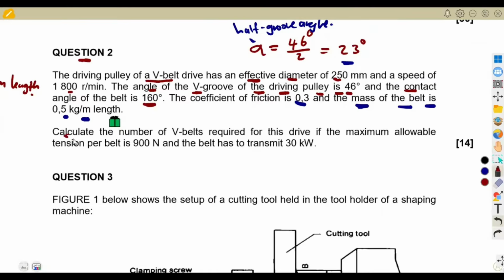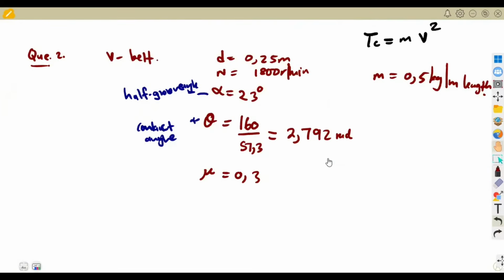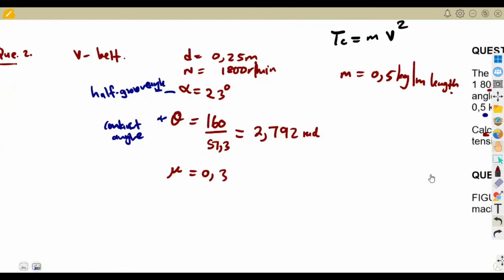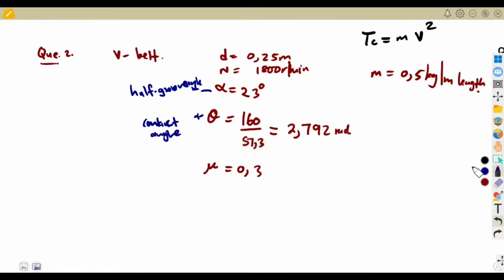Okay, so the question was: calculate the number of V belts required for this drive if the maximum allowable tension per belt is 900 and also it has to transmit 30 kilowatt. Okay, let's take this. We need the number of V belts. We're just going to call them N. We do not know the number of V belts.